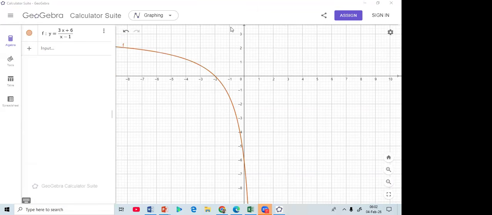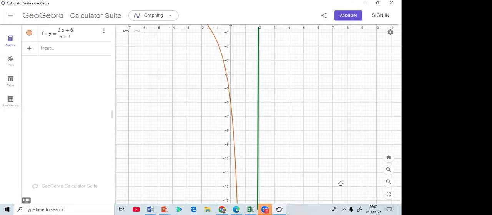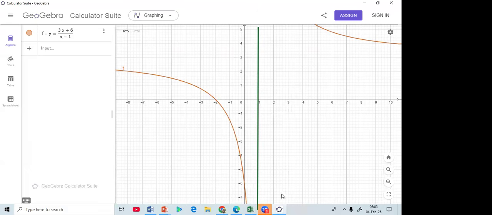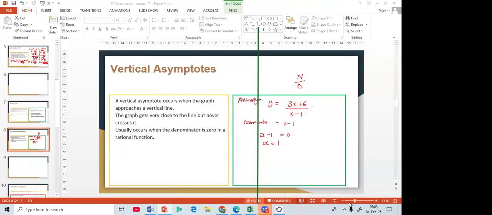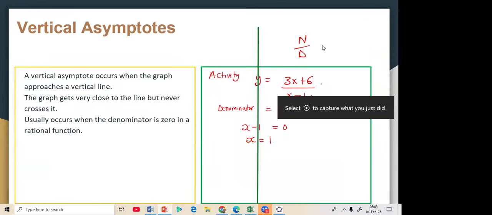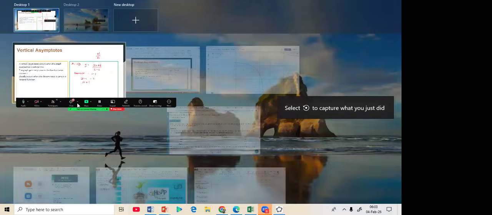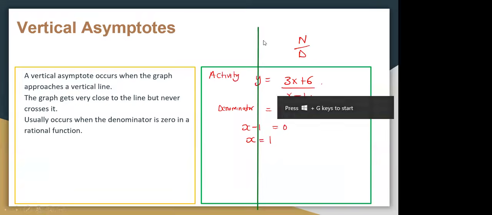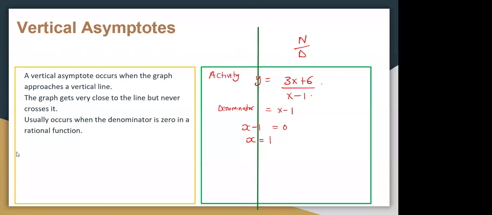For such a case, that is what we call the vertical asymptote. It is this line that runs vertical, which this curve doesn't touch and the other curve doesn't touch. Okay, so that's how it comes about. Members, is that verifying to everyone? So that is what we call the vertical asymptote.